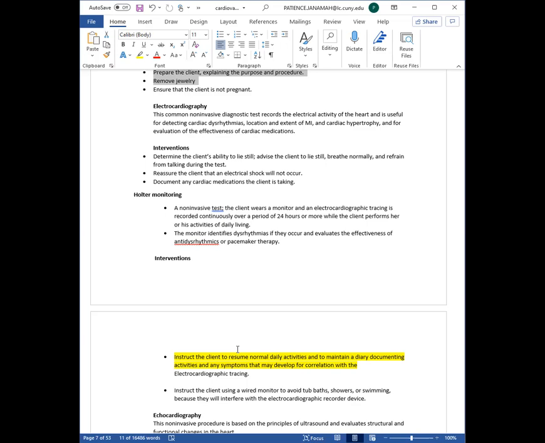NCLEX will want you to be able to differentiate between activities that will affect what you have or how your care is going. So if it's X-ray, if it's a radiation procedure, you have to prepare the patient's mind. That's where education comes in. So make up your mind while you are studying any NCLEX book that your job on this NCLEX is to know how to educate a patient.